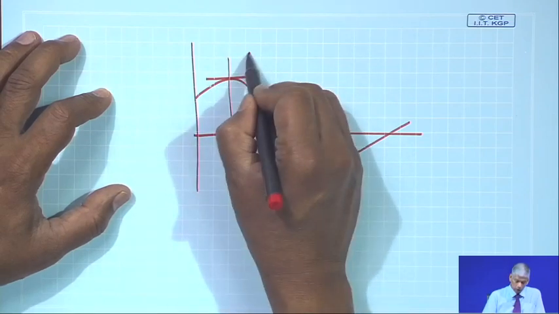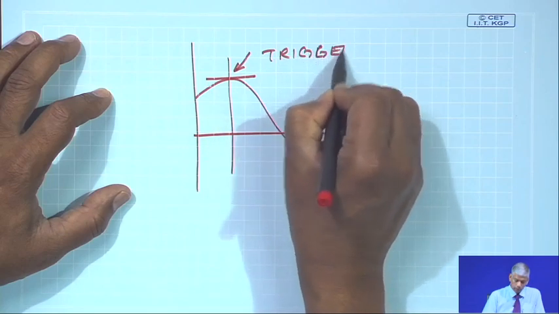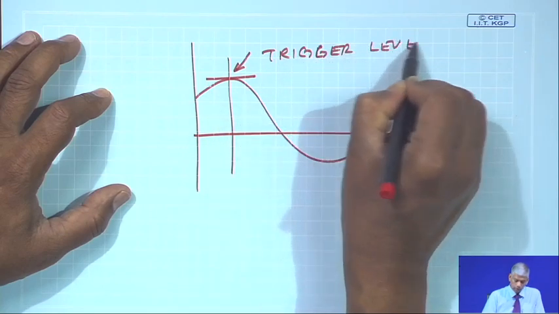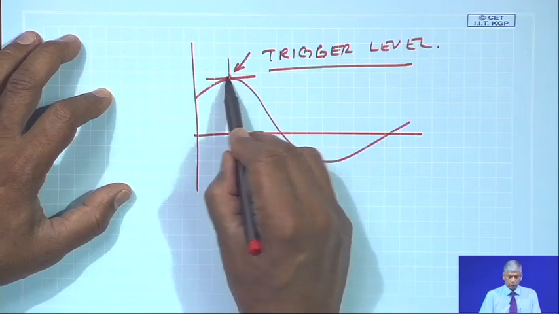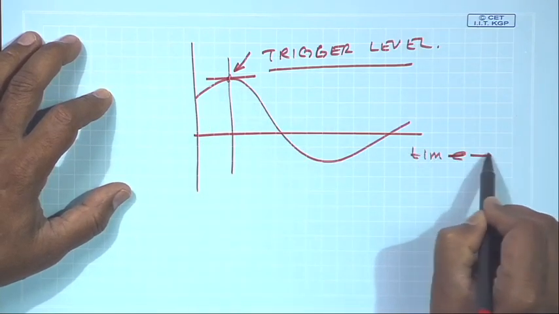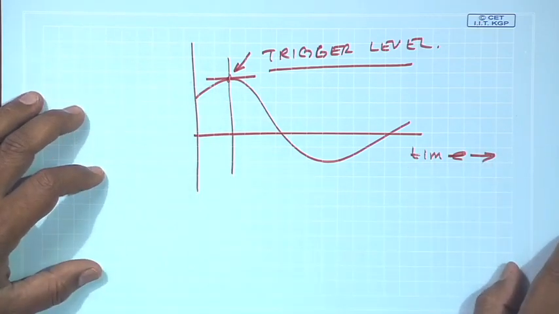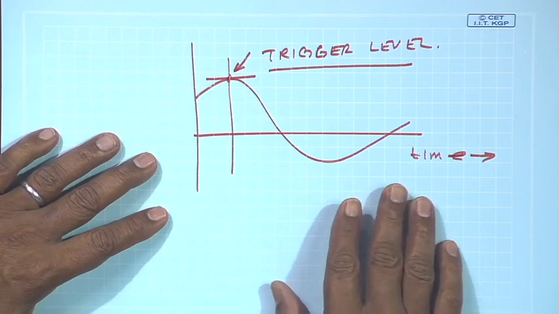This is called the trigger level. Only when an event has occurred will I acquire the signal. This has to be taken into account when we are doing data acquisition.